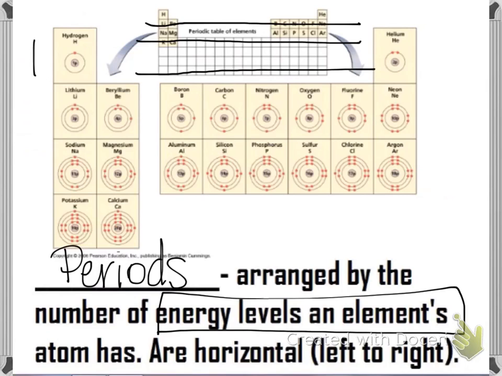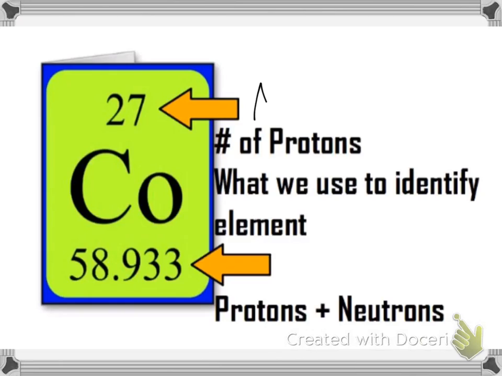If I number these periods, you can see hydrogen and helium have 1 energy level. Lithium, beryllium, boron, carbon, nitrogen, oxygen, fluorine, and neon all have 2 energy levels. The next have 3, the next have 4, all the way through 7, which is how many periods we have on the periodic table.